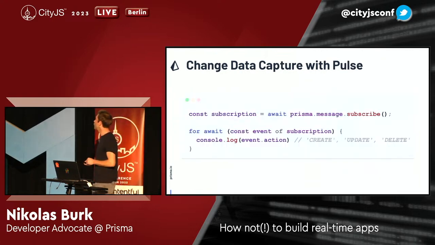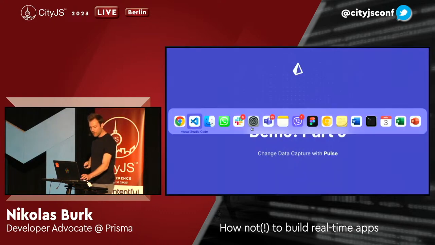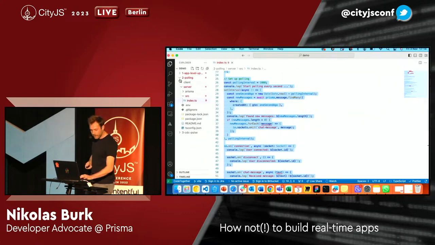This is all the code that you need for a subscription. You just tell which table you're interested in subscribing to, and then you start an async iterator inside of your Node.js application, and you're ready to go to receive events. What does this look like in code? I'm just going to show you the last server file here.